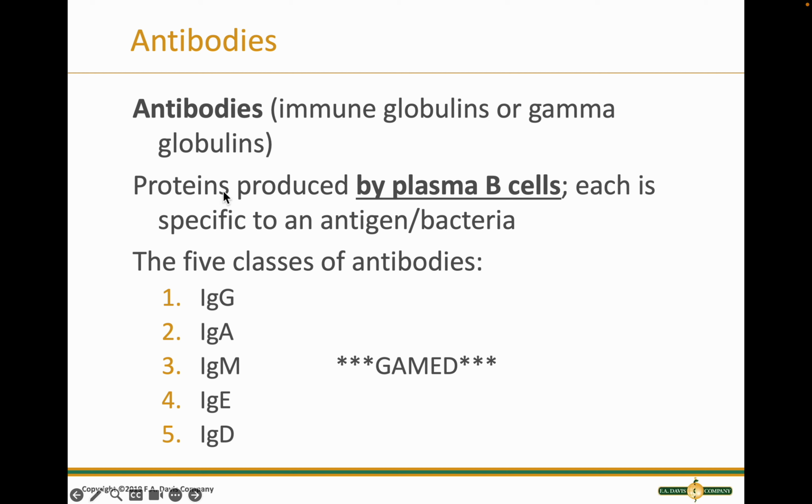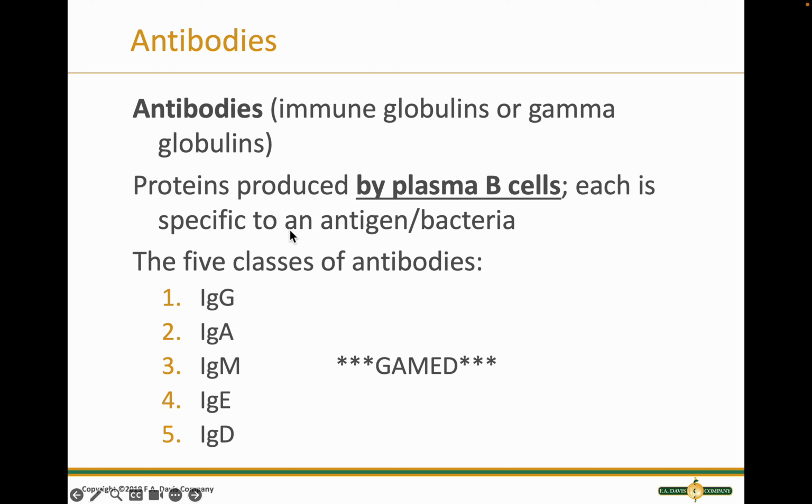These antibodies are produced by plasma B cells, and each is specific to a different bacteria. So if you just got the flu shot, you would have created plasma B cells temporarily against that flu.